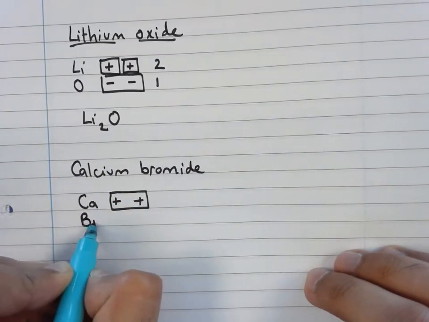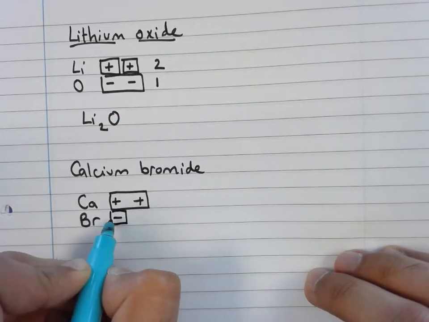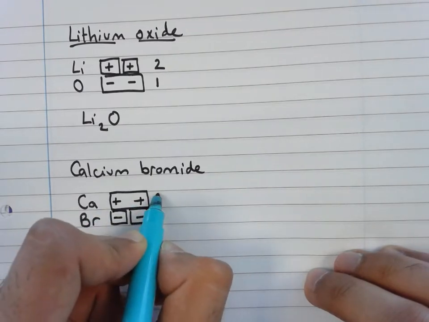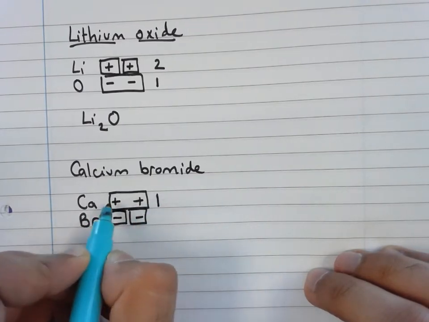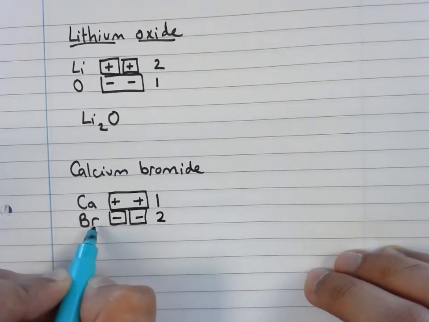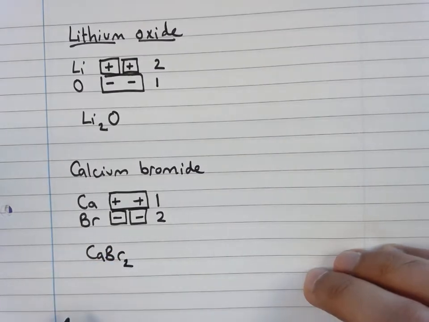Bromine is in group 7, which means it will gain 1 electron to get a full outer shell. I need 1 more bromide ion, so I'll have 1 calcium ion, and I'll need 2 bromide ions to make this neutral overall, so my formula will be CaBr2.